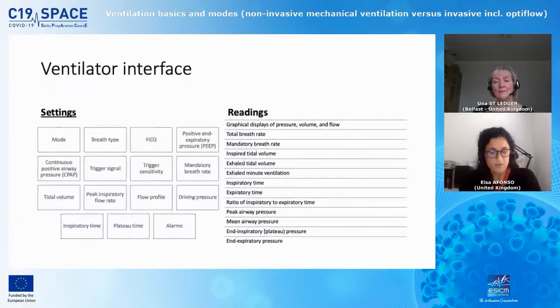Also, on the left, you've got the main settings of a ventilator, and on the right, you've got the main readings of the ventilator. They're different, but they provide important real-time patient information to help monitor the effect of the ventilation. It is useful to get familiar with which one is which, because this is the information that needs to be monitored regularly by nurses.